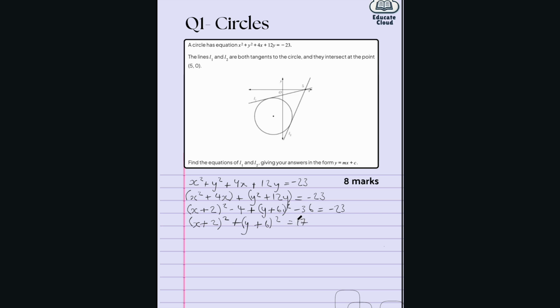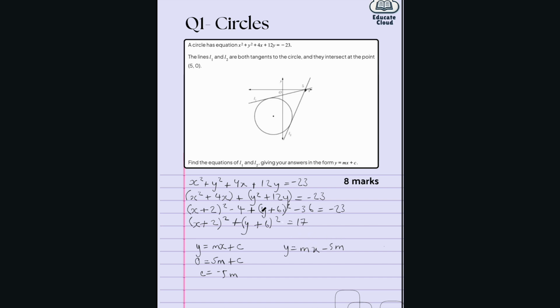Now we know that the line passes through (5, 0), so if we set up y equals mx plus c, when y is 0, x is 5, so we get 0 equals 5m plus c, so c is minus 5m, and y equals mx minus 5m.